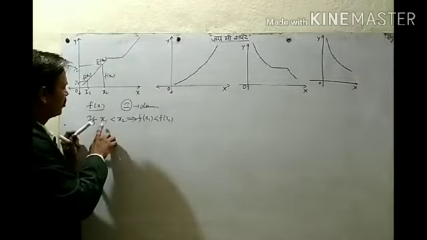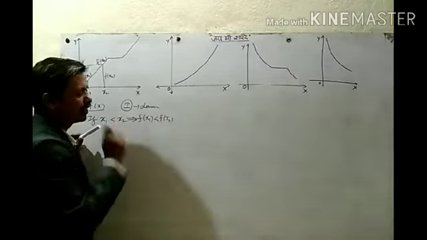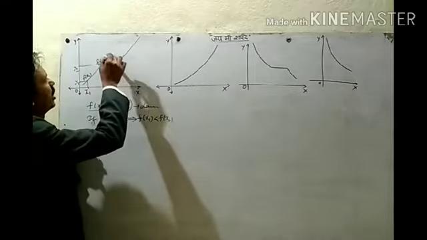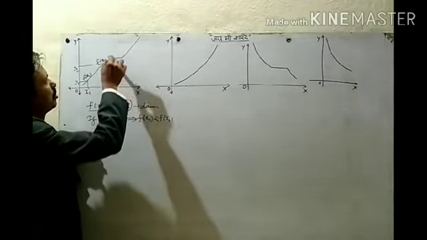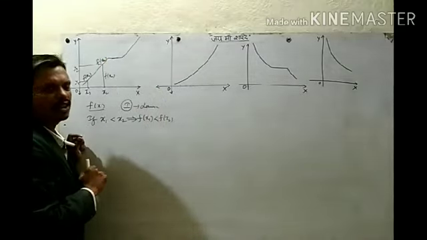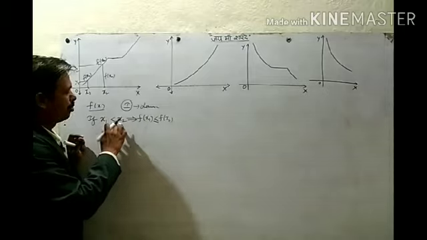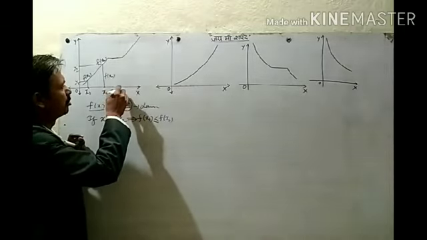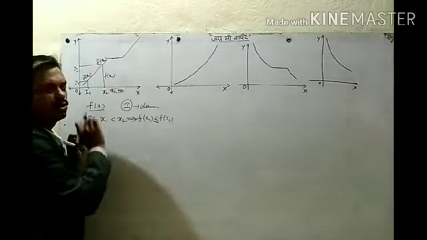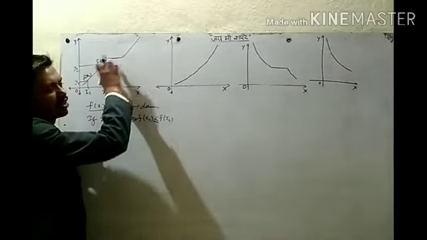So for these values x1 and x2, x1 is less than x2, and f of x1 is also less than f of x2. But suppose x1 and x2 are here, then the value of the function is the same, constant. The relation is the same, x1 is less than x2, but both function values are the same.